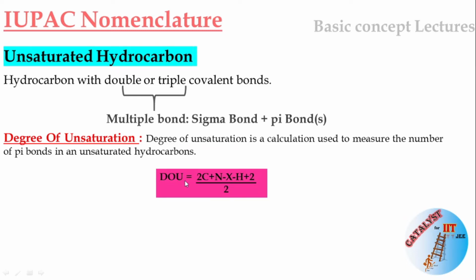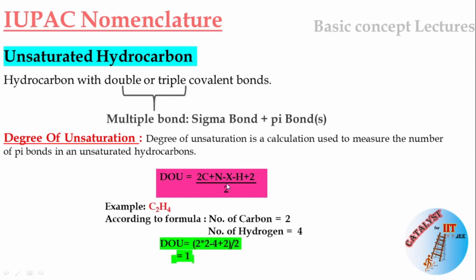So this is your formula for the calculation of degree of unsaturation, where C corresponds to the number of carbons present in your molecular formula, N corresponds to nitrogen, X means all the halides if present in your molecular formula, and H corresponds to hydrogen. For example, this is your molecular formula C2H4. According to this formula, the number of carbons is 2, while the number of hydrogens is equal to 4.